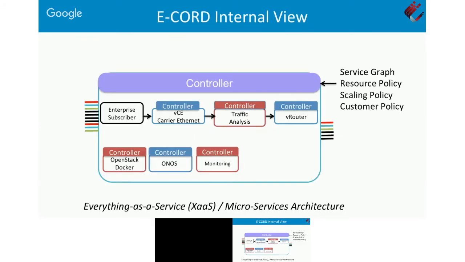If we look at the logical organization of eCord, this is starting to look very familiar. It also has a notion of a service graph. In our case, you might have an endpoint to a multi-site service like a carrier Ethernet application, or the VNFs that are running on top of this piece of connectivity, in addition to the standard CORD elements.